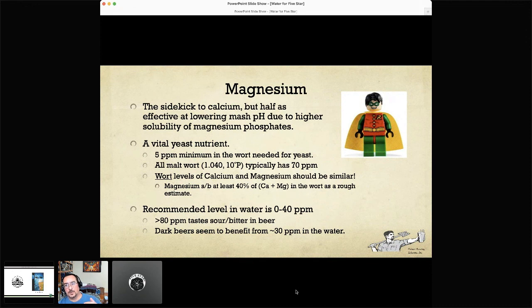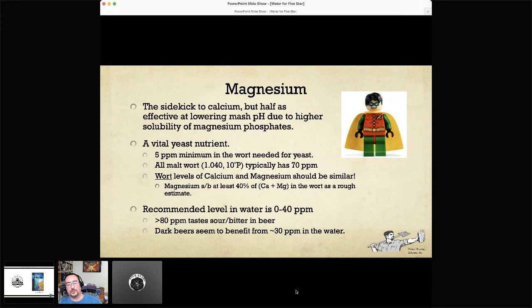But from a yeast cell's point of view, if there's lots of calcium and just a little bit of magnesium, they're going to have a hard time seeing that magnesium. So we need to maintain some sort of parity between calcium and magnesium so that the yeast can readily get to it during fermentation. Okay, and so magnesium levels should be roughly 40% of the total.